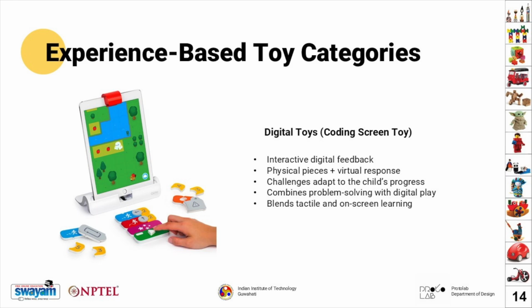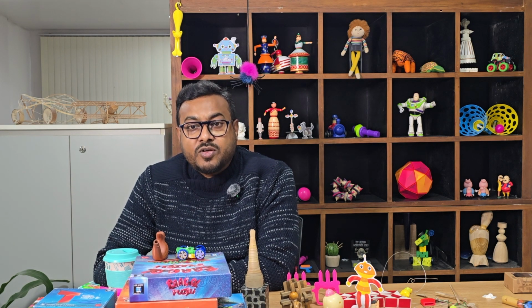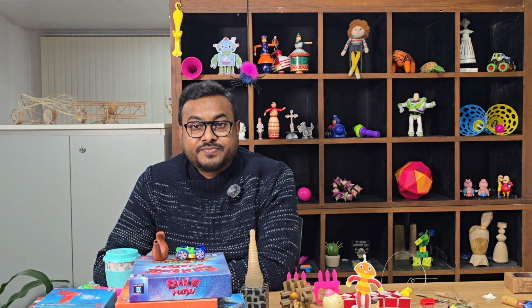Because the toy responds to the child's choices, it feels alive and interactive. The digital layers provide challenges, hints, levels, and visual outcomes that are not possible in purely physical toys. This integration of on-screen responsiveness is what makes it a digital toy.